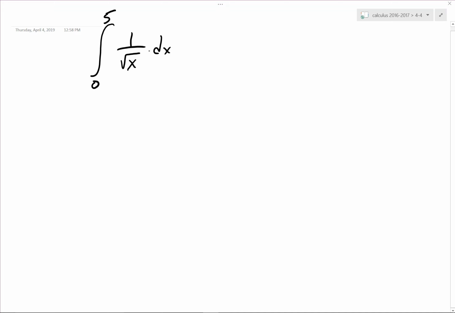If I were to antidifferentiate this thing, what do I get? Remember, this is x to the minus a half, yes? When you antidifferentiate that, what do you get? You add 1 to negative a half, you get positive a half, divide by a half, times by 2, yes?